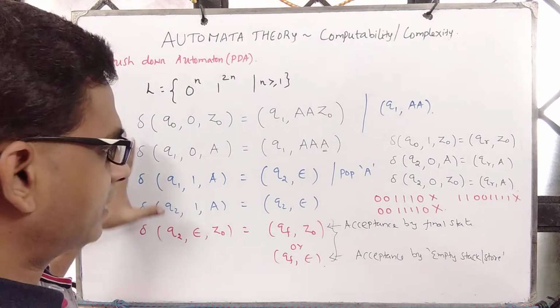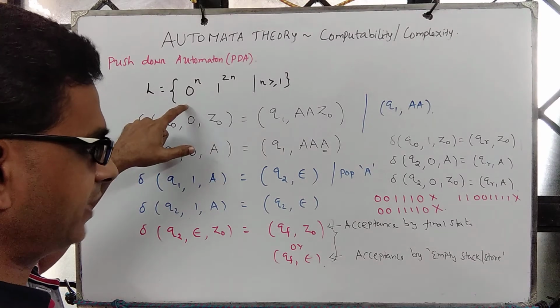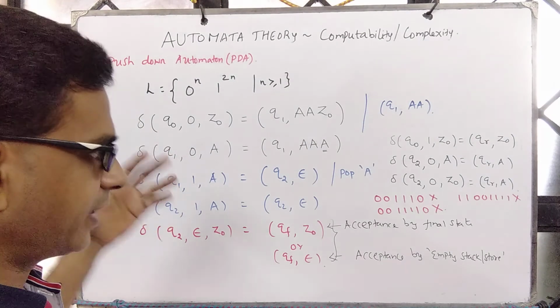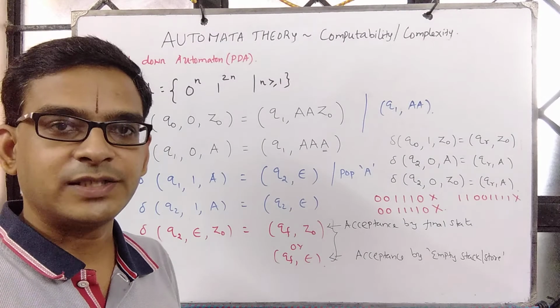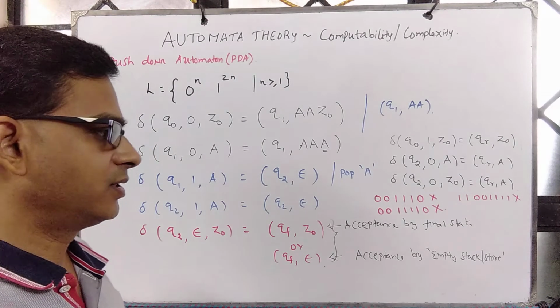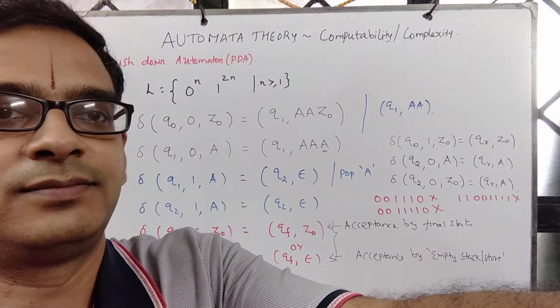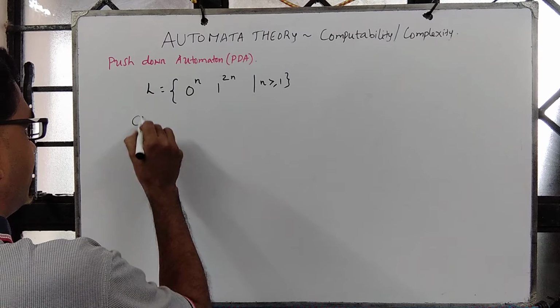Fine. So this completes the formal description of this language. One can construct a transition diagram out of this, and most importantly a context-free grammar out of this, which we shall see next. Let's construct a CFG for this.